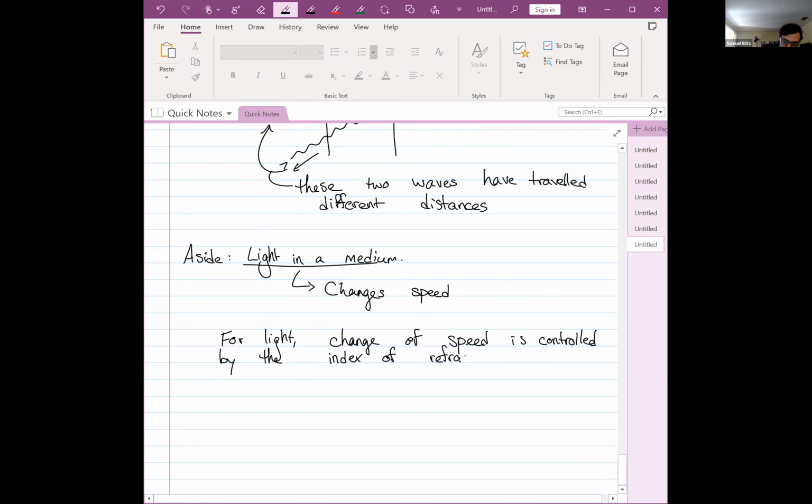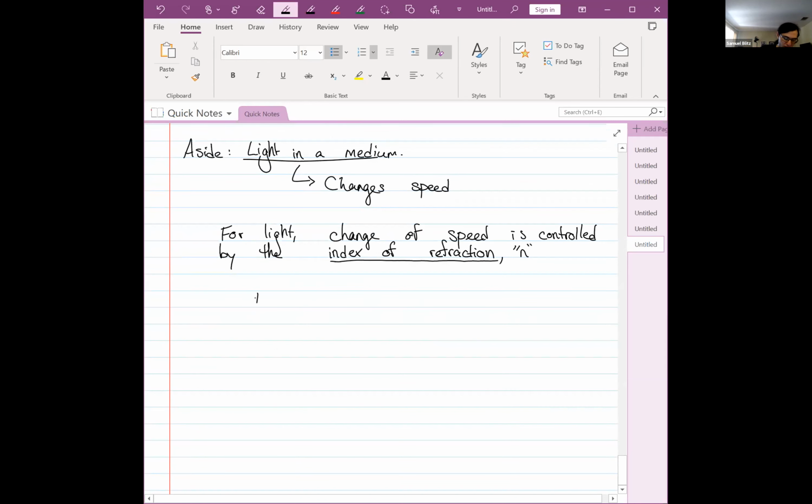That variable takes on different numbers and is usually labeled by the lowercase letter n. So the index of refraction for one material would be one number, and for another material would be a different number. But you would say that like n1 equals 2, and n2 equals 62, or something like that.